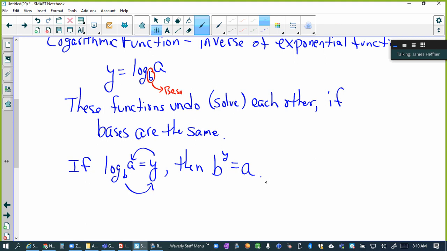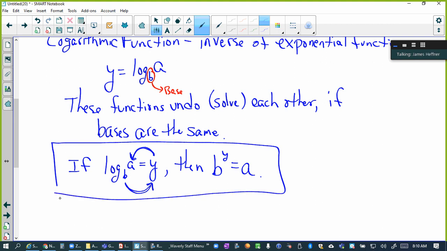Everybody catch how I drew the arrows there? Might help you a little bit. So b here is the base in this log function. It's also the base in this exponential function, and we can say that b to the y power equals a. So this will be an important thing to know. It's one characteristic of logarithms. We just abbreviate it log. Okay, does everybody have this written down?